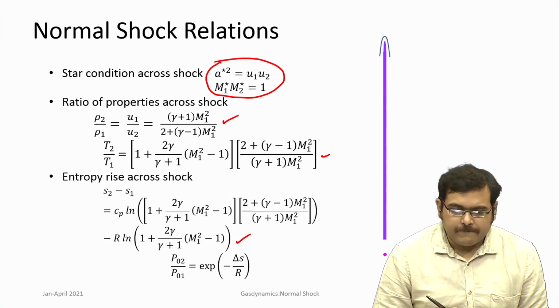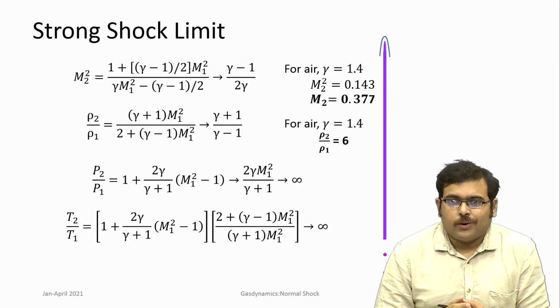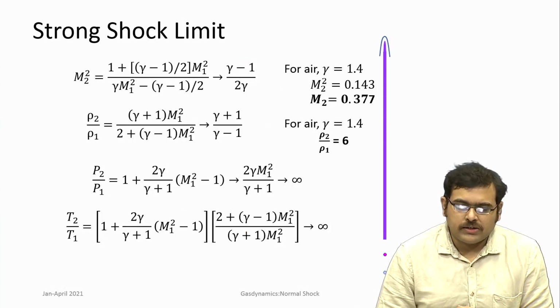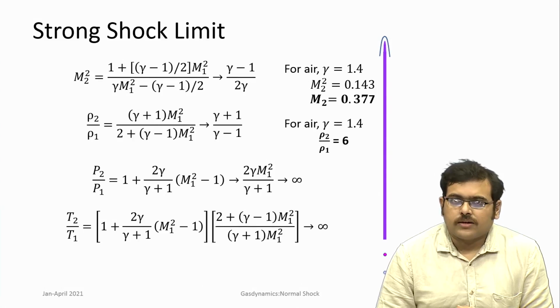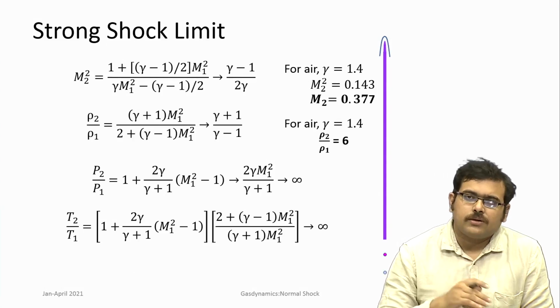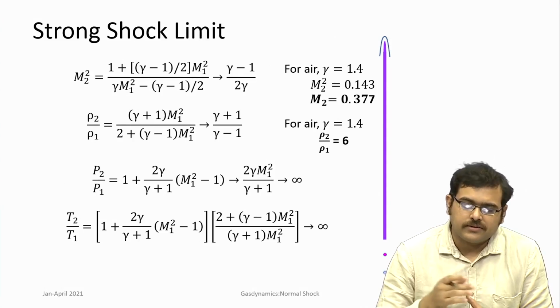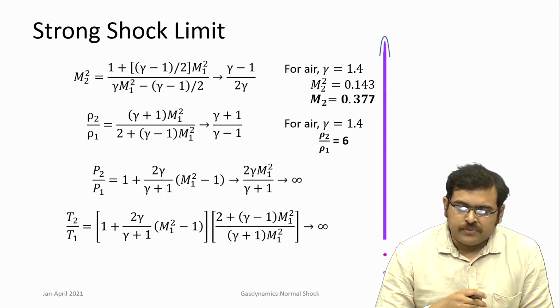So, now with this information, let us move ahead and look at what the limiting conditions are for the shock wave. One thing is clear: the characteristics of the shock depend only on the upstream conditions, that is Mach number and gamma.